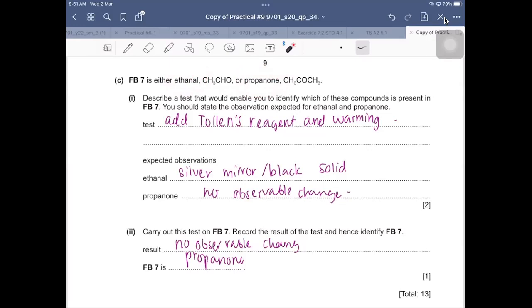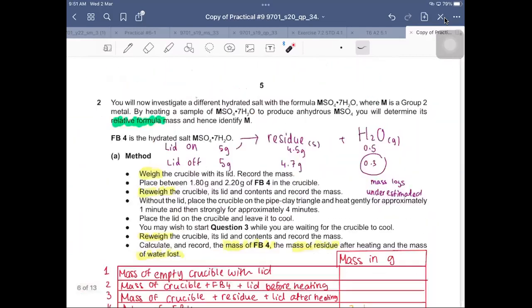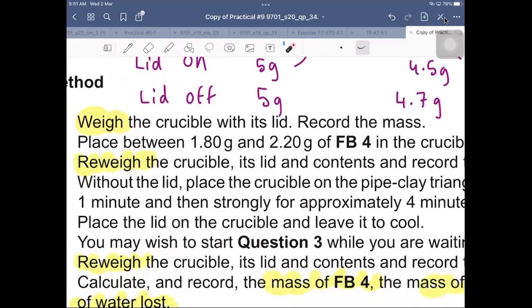Other things to remind you: be careful with your decimal places. If you don't know your decimal places, always follow the question. If the question states 2 decimal places, you follow that. Temperature is usually to 1 decimal place, ending with 0.0 or 0.5.